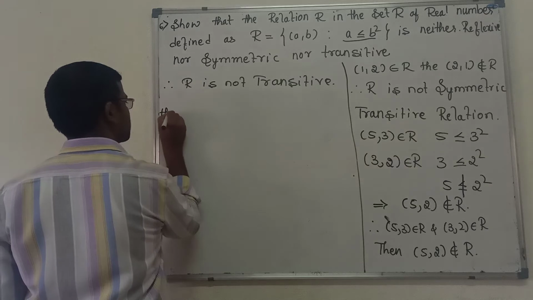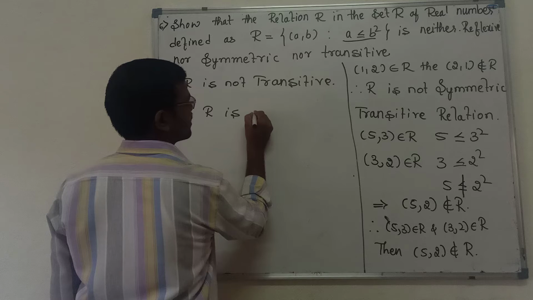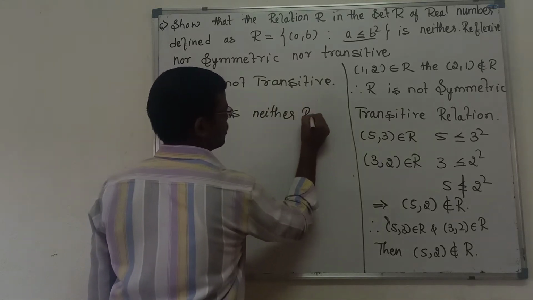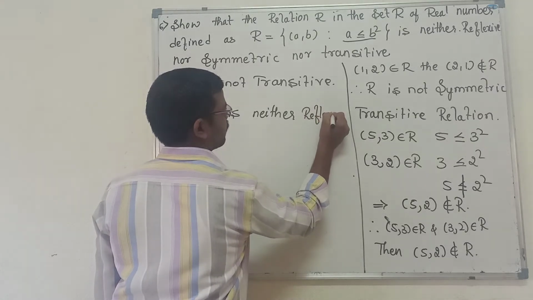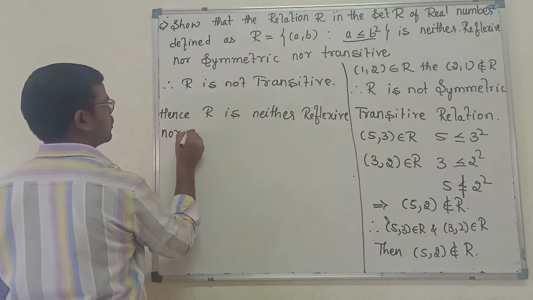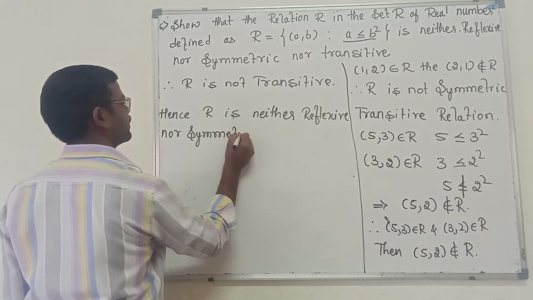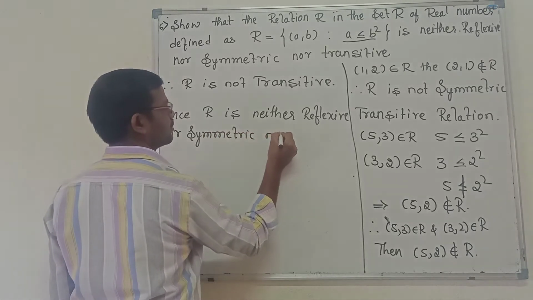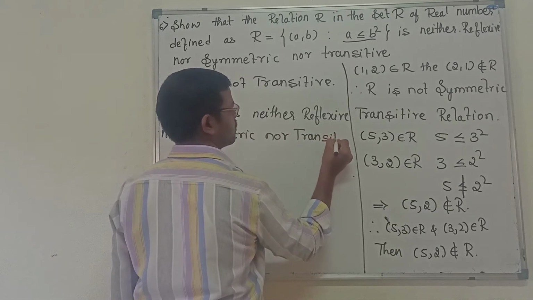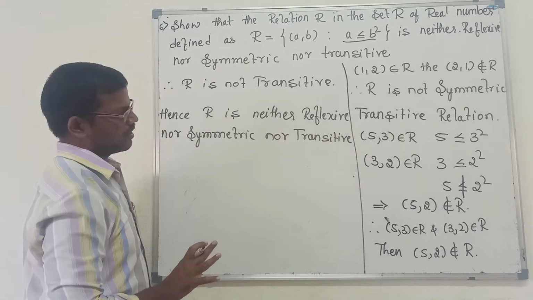Hence, lastly we will say that R is neither reflexive nor symmetric nor transitive. So this completes the problem.